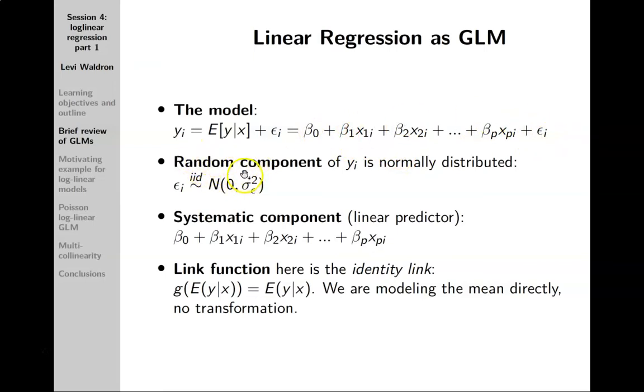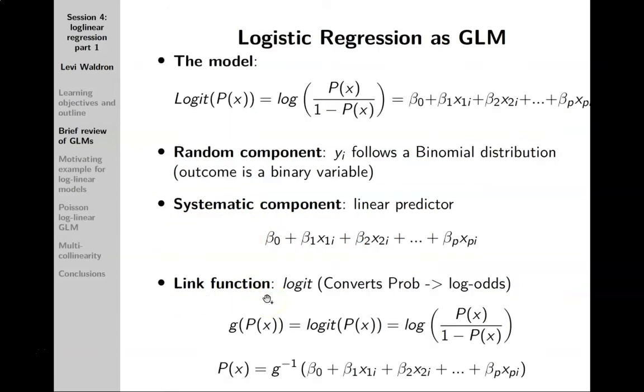And the random component of y summarized all of the assumptions of this model, where the residuals are independent, identically distributed according to a normal distribution with zero mean and a constant variance. And again here the systematic component was this linear predictor that's going to continue pretty much the same throughout the course, and in that case the link function was the identity link.